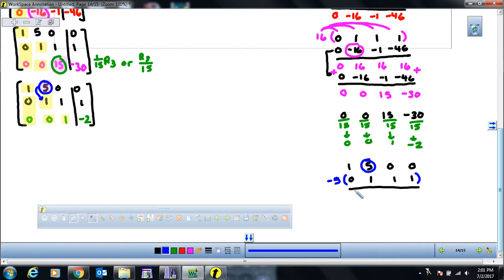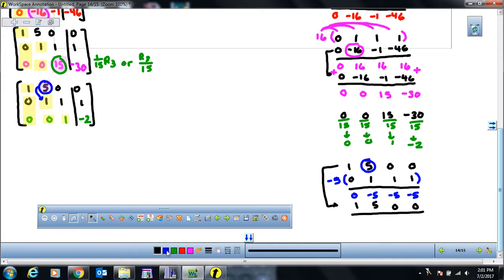So -5 times 0 is 0, then this becomes a -5, -5, and then -5. And then you need to put it together with this row right here, 1, 5, 0, 0. So we're going to add them together. So when I add them, 0 plus 1 is a 1, -5 plus 5 is 0, -5 plus 0 is -5, and -5 plus 0 is -5. So we're going to copy those numbers into the first row.